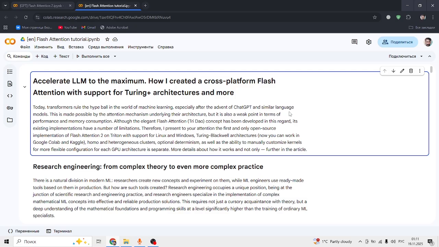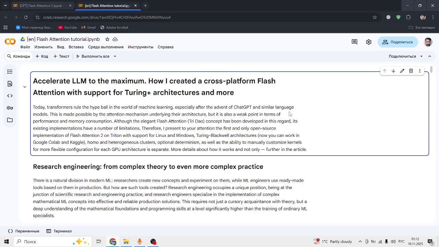So we both know that now transformers rule the ball in the world of machine learning. It has become possible with such products like ChatGPT and the same language models. But the main thing which lies under transformers is the attention mechanism.